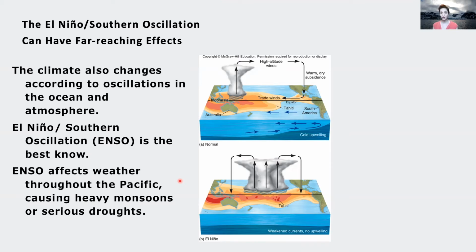So mechanistically, what's happening? Under normal conditions, we have cold upwelling that drives the normal circulation of water around the equator that brings warm, dry subsidence to areas of South America and Central America.